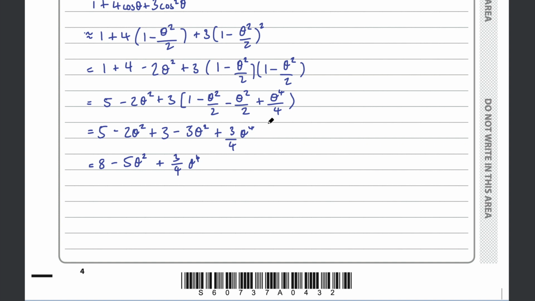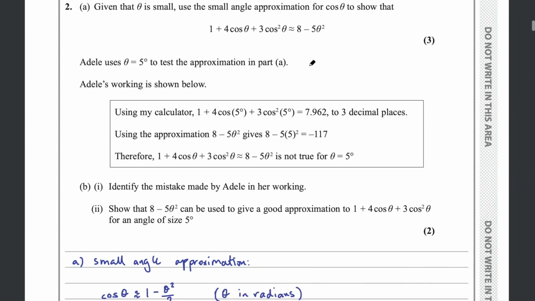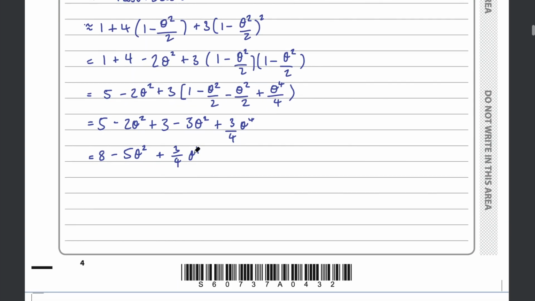Now let's go back to the expression they asked us to find. It was 8 take 5 theta squared. But we have this 3/4 theta to the power 4 on the end. Well, it turns out we can just say that because theta is small, theta to the power 4 is so small that we don't have to worry about it. Whereas theta squared still gives us some degree of accuracy.